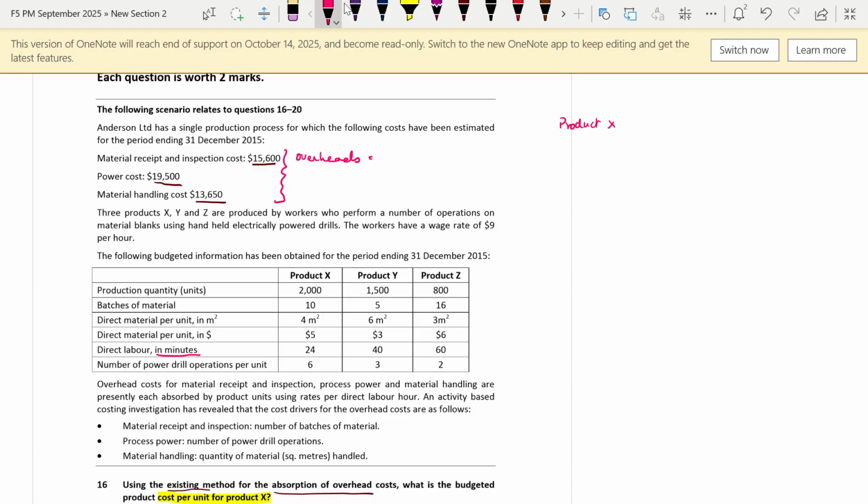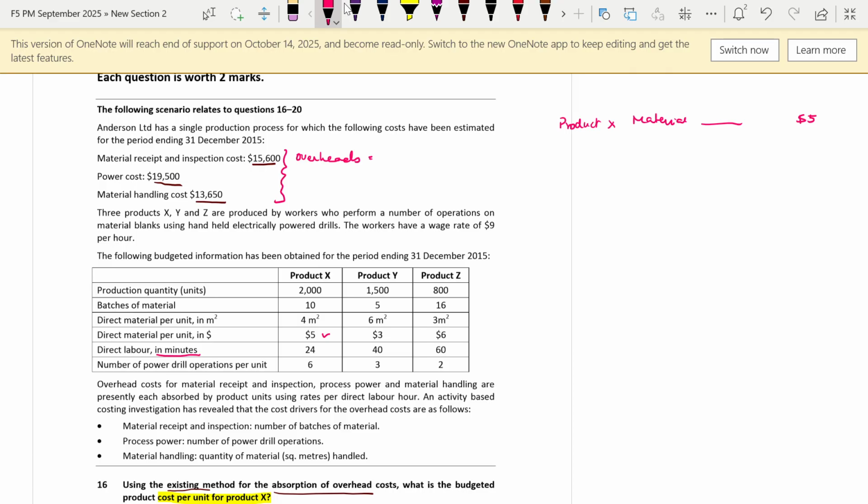For product X, how much is the material cost? Material is going to be 5. Labor is how much?